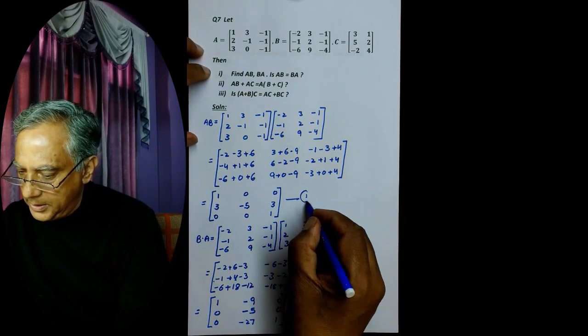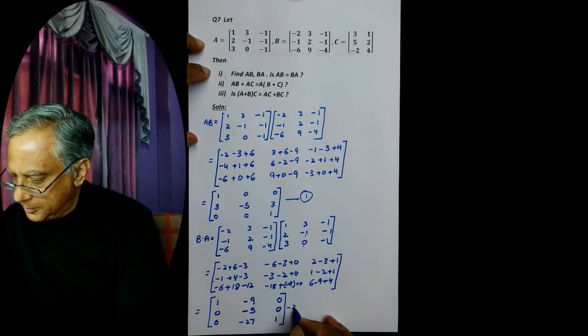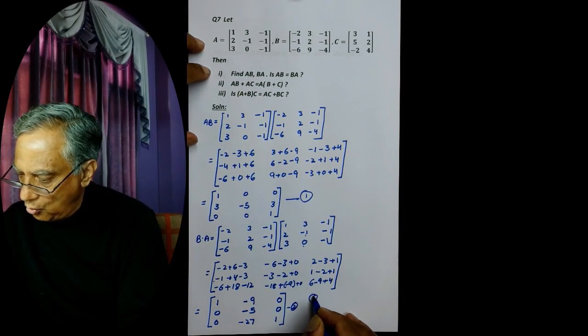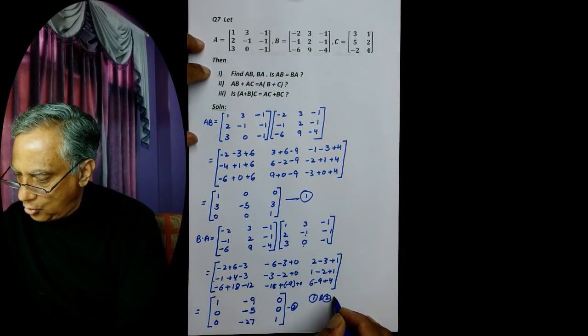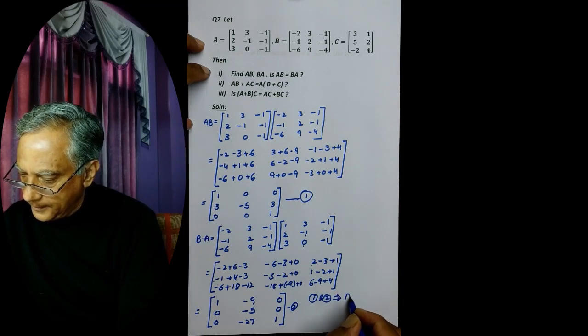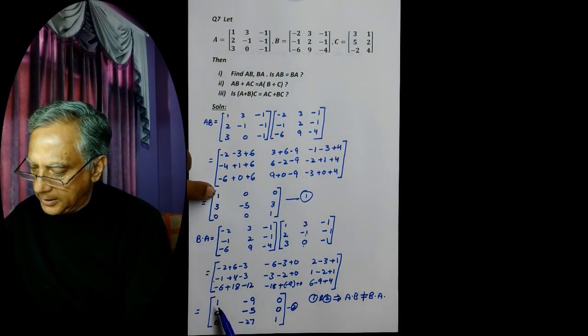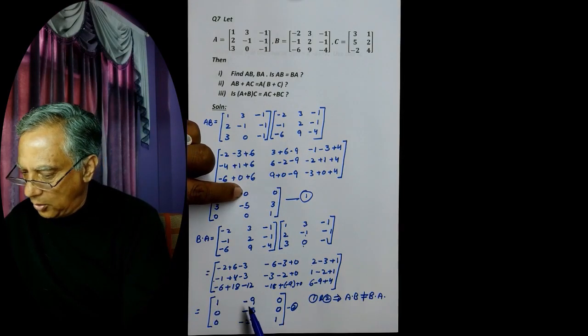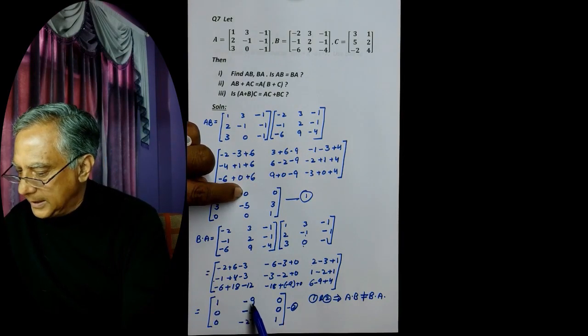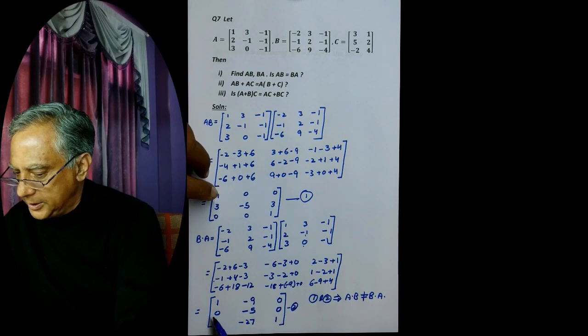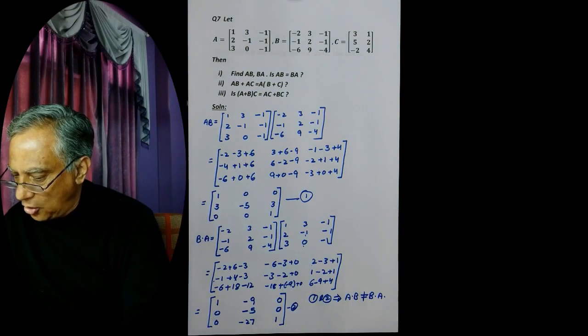Now let this be 1 and this be 2. 1 and 2 imply A into B is not equal to B into A. You can compare the two matrices. 1 is equal to 1, alright. 0 is minus 9. No, these are not equal. 3 is not equal to 0.